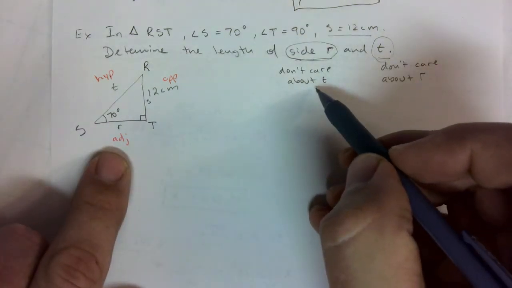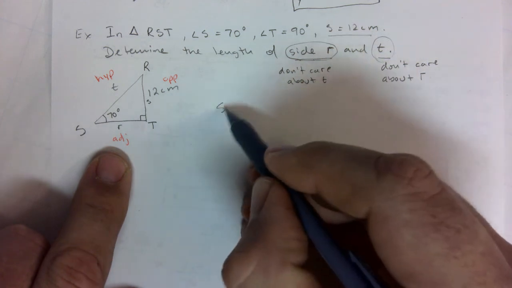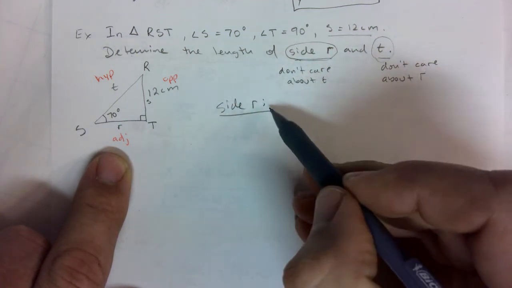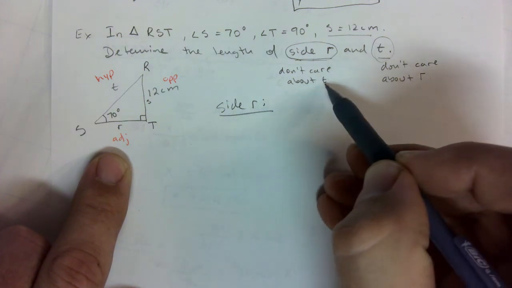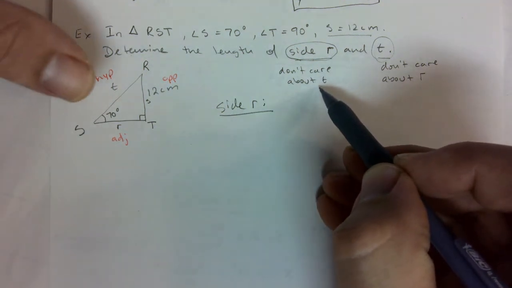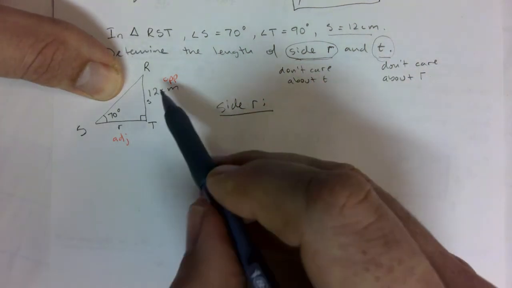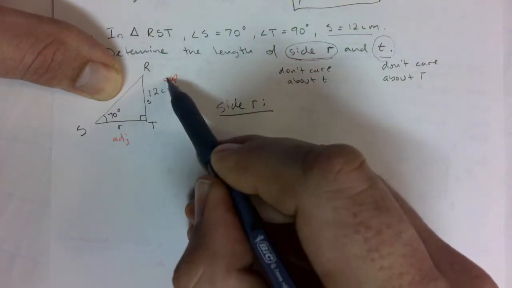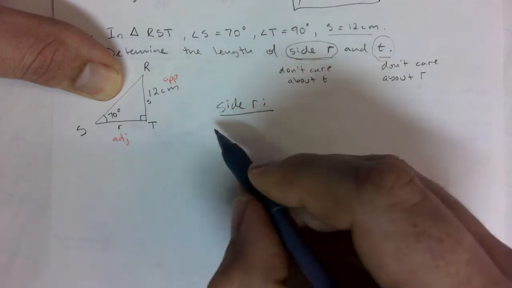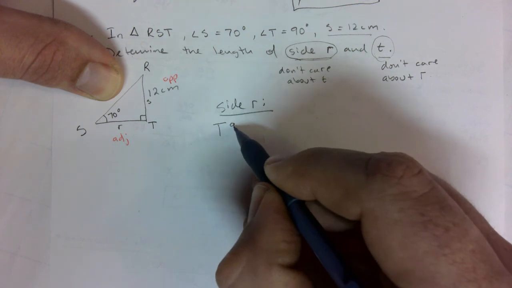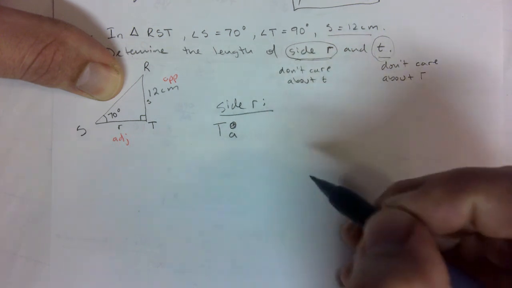So if we're solving for side R, we're going to say, hey, we don't care about T, so let's cover up T. We are left with O and A. Okay, so we're gonna have to use TOA like that.